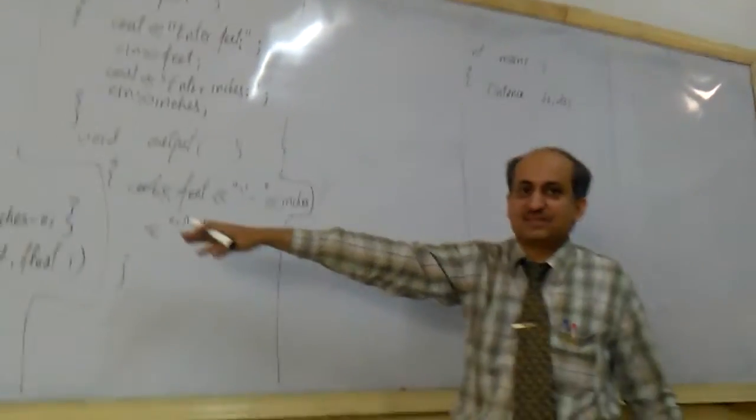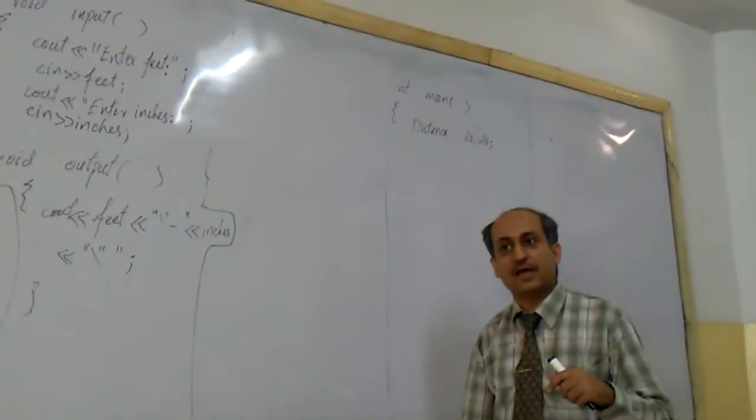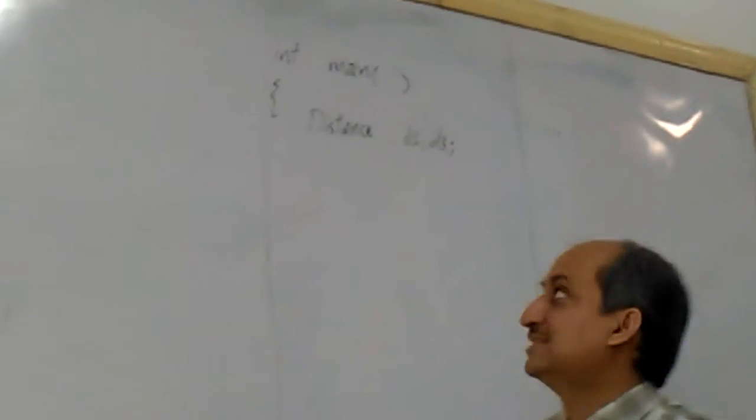Argument constructor or default constructor? Default constructor will be executed, twice, for both of these objects, internally by itself, and it will store 0, 0 to feet and inches of D1 and D3.